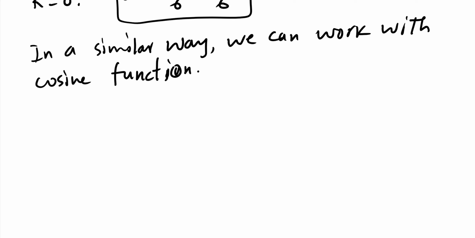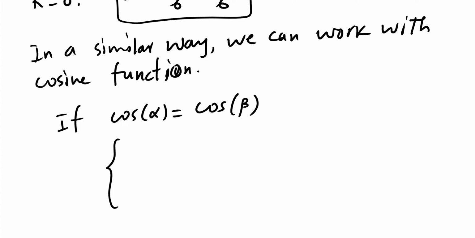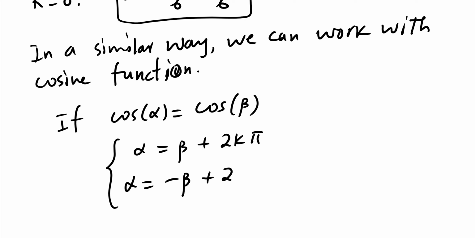We're just going to give you the formula: if cosine alpha equals cosine beta, then alpha is beta plus 2k pi, the same as sine, but the other one is negative beta in the fourth quadrant, plus 2k pi. K is an integer, meaning any integer. So this is important.